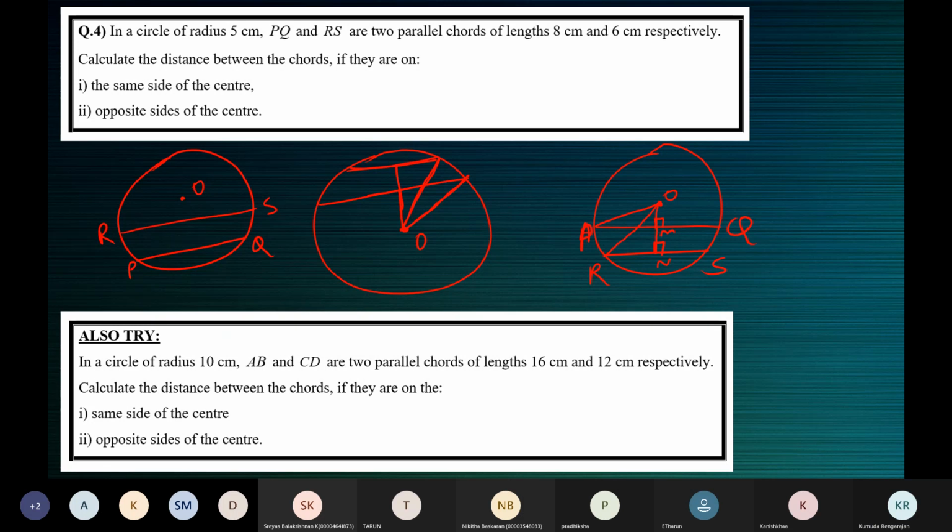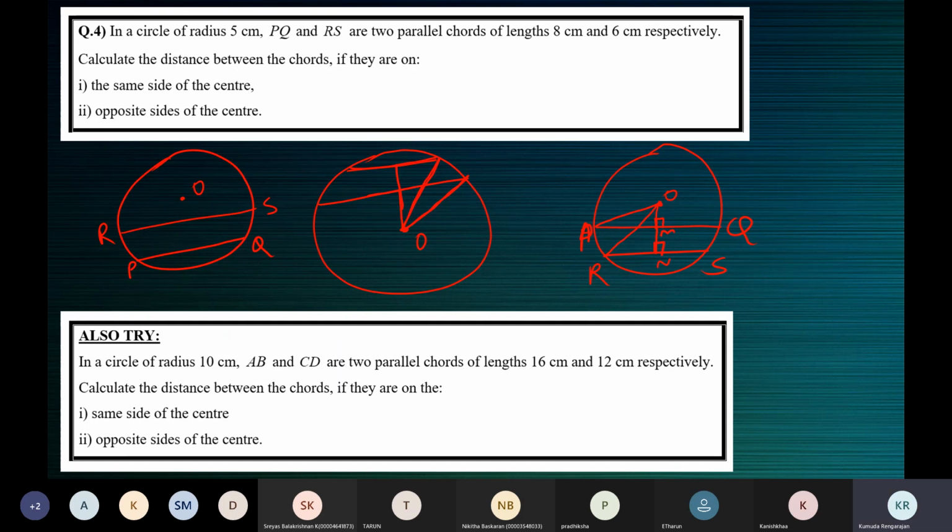OM is the perpendicular distance of the chord PQ from the center O. Now tell me, what is ON? ON is the perpendicular distance of the chord RS from the center O. Very good.